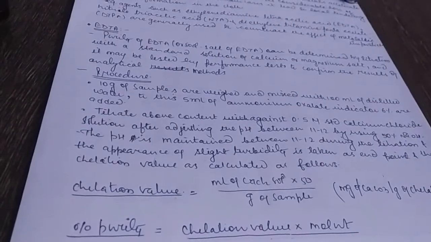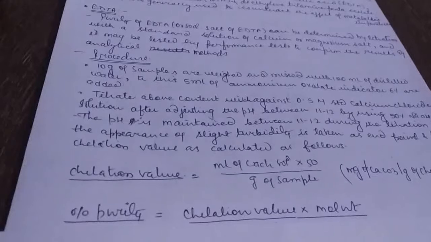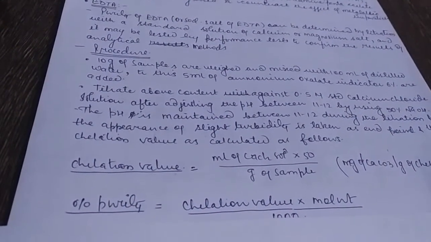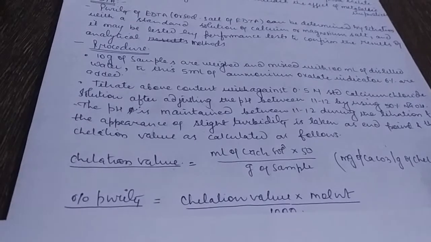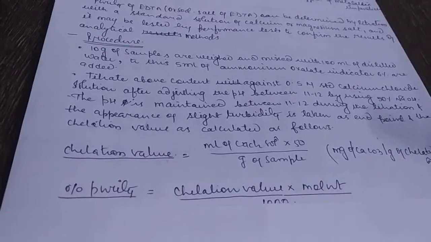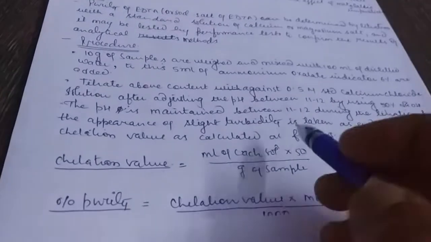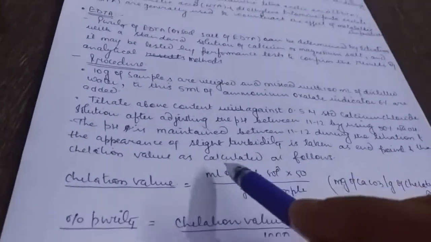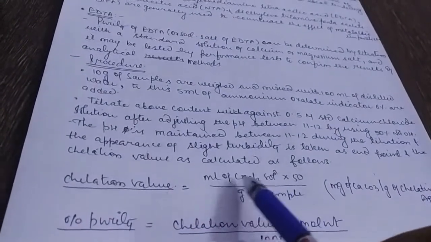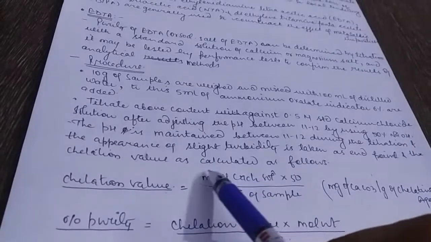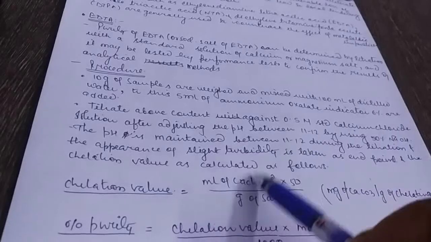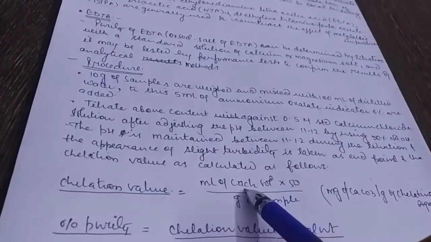Now by using the chelation value you can calculate the percentage purity of these sequestering agents. The percentage purity of EDTA can be determined by first determining the chelation value by this formula. In this formula, the first term is ml of calcium chloride solution, that is, the consumption of calcium chloride, which can be measured by the burette reading.